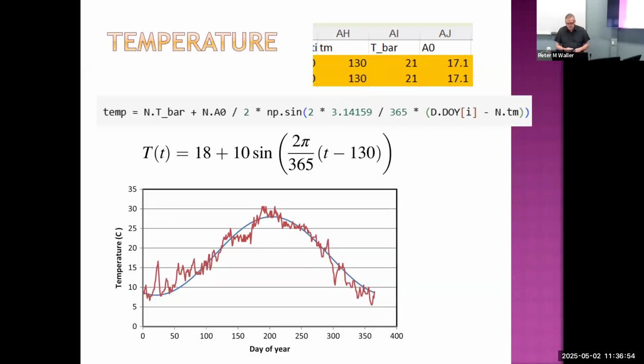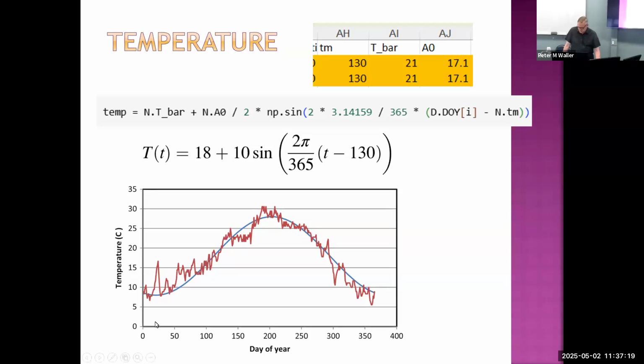Okay, then for the mineralization and denitrification, I need to know the temperature. And so the temperature of soil varies a lot during the day, but I'm not going to worry about that this time. I'm just going to worry about the average temperature as a function of day of year.